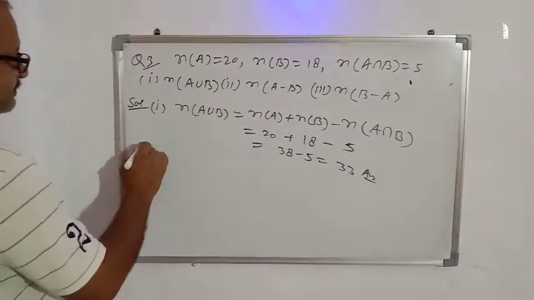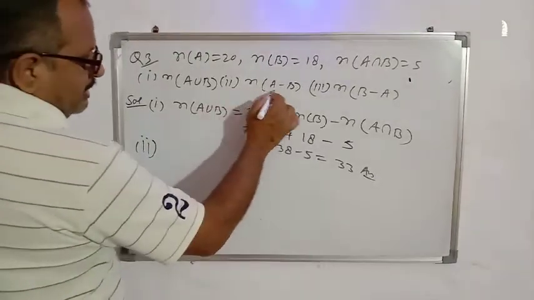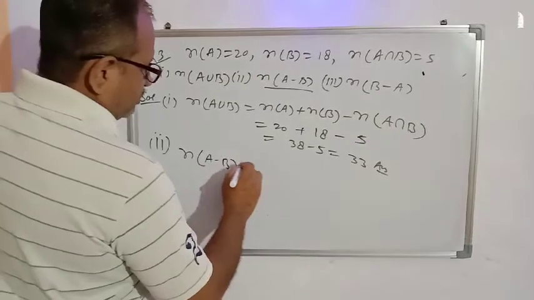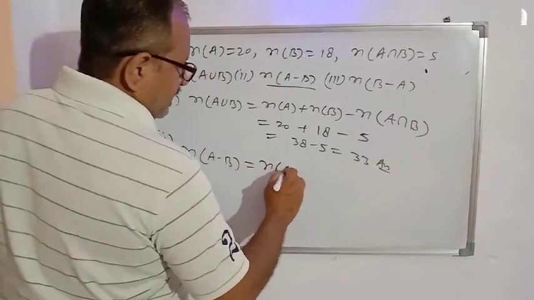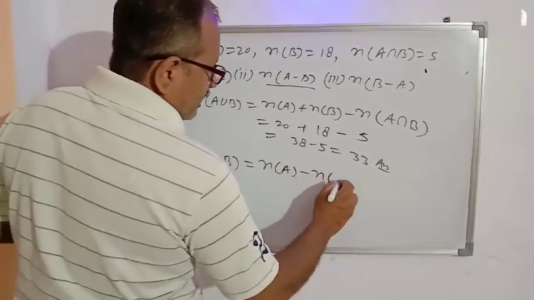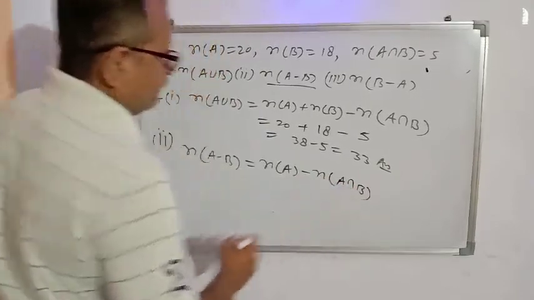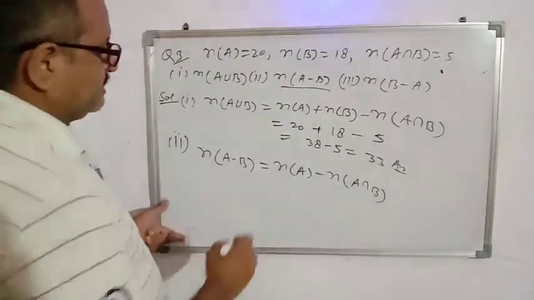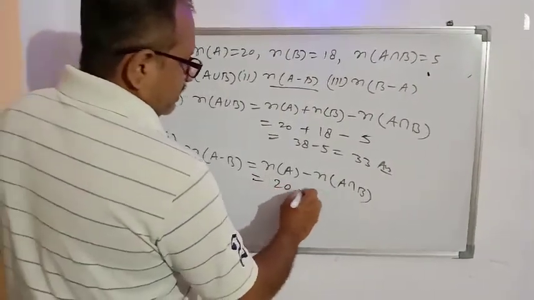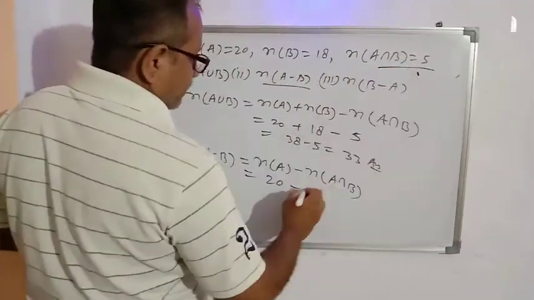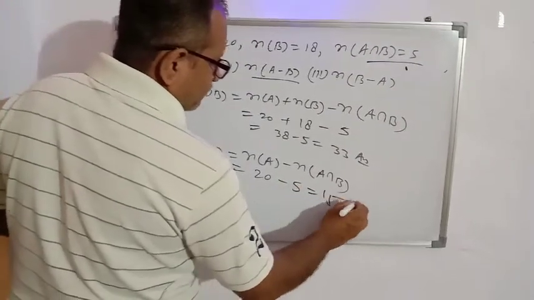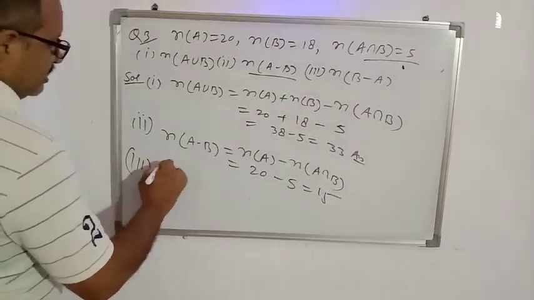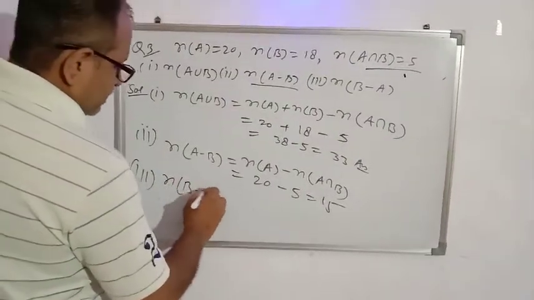Second part, n(A minus B). We know that it is n(A) minus n(A intersection B). n(A) is 20, n(A intersection B) is 5, 20 minus 5, so 15. And third, n(B minus A).